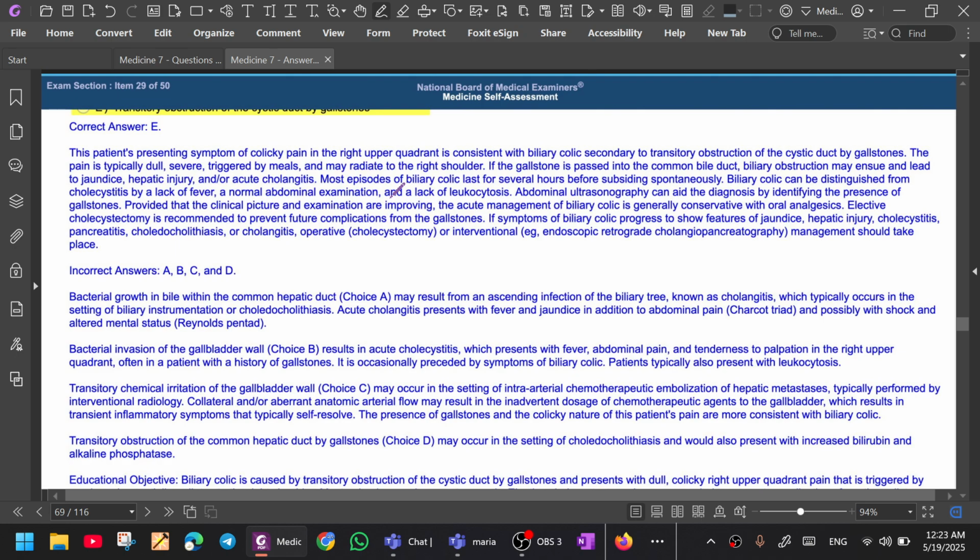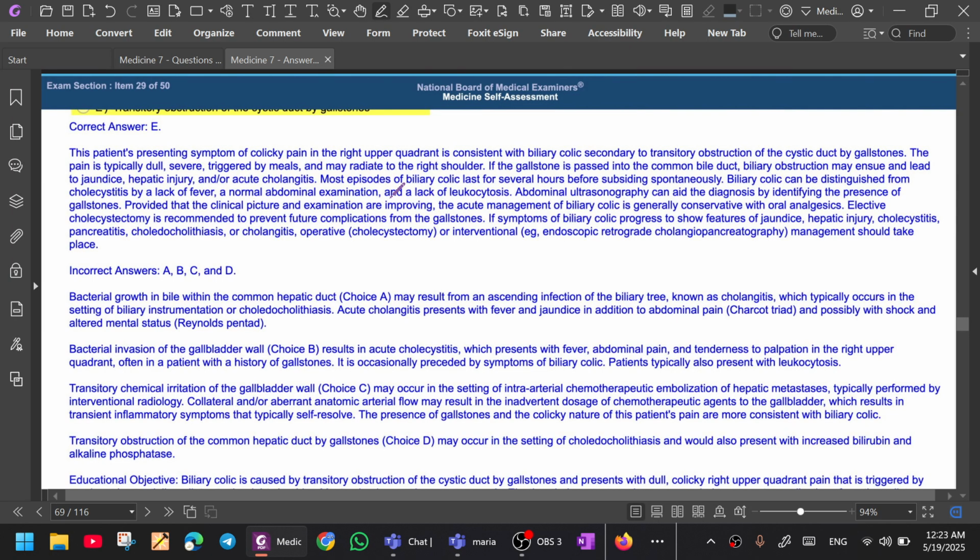Transitory chemical reaction of the gallbladder wall may occur in the setting of intra-arterial chemotherapeutic embolization of hepatic metastasis, typically performed by interventional radiology.